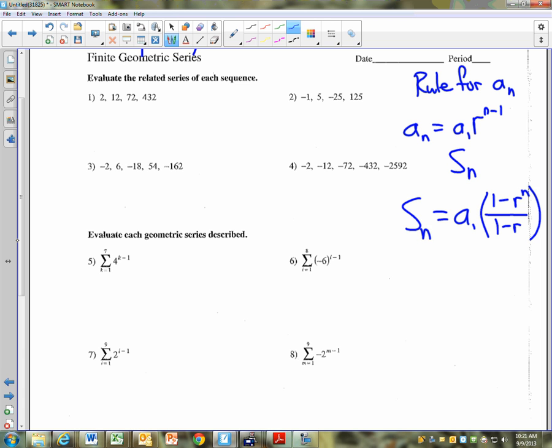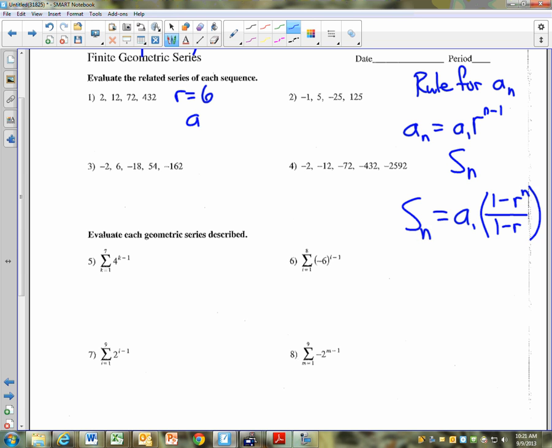So, can you guys look at number 1? Can you tell me what the constant ratio is? Now, we don't have to write it. It doesn't say it. It just says find the related series, meaning add it up. But if you wanted to write a rule for this, it's quite simple.